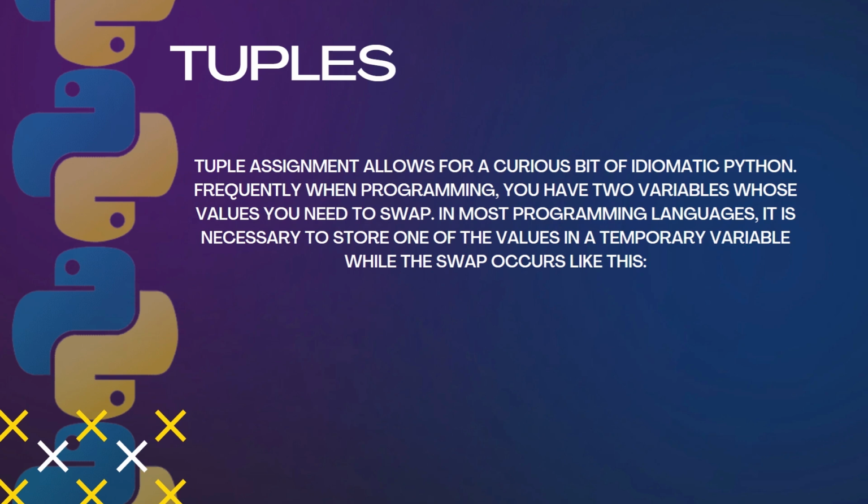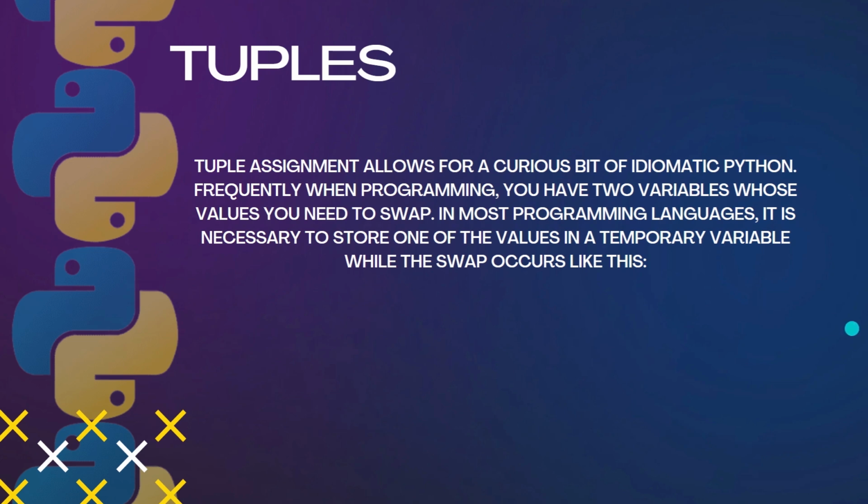Tuple assignment allows for a curious bit of idiomatic Python. Frequently when programming you have two variables whose values you need to swap. In most programming languages it is necessary to store one of the values in a temporary variable while the swap occurs.